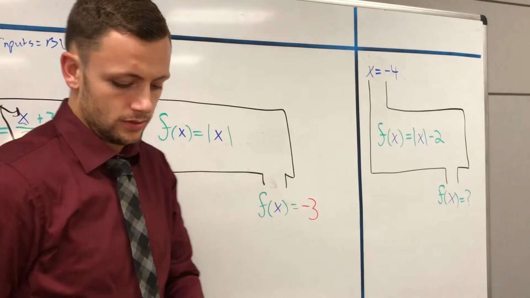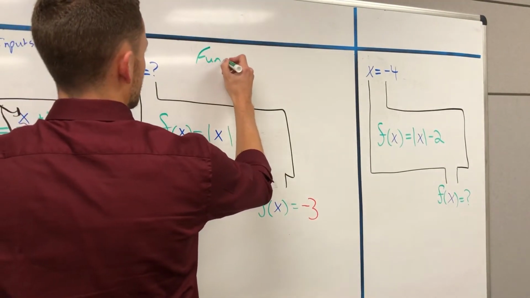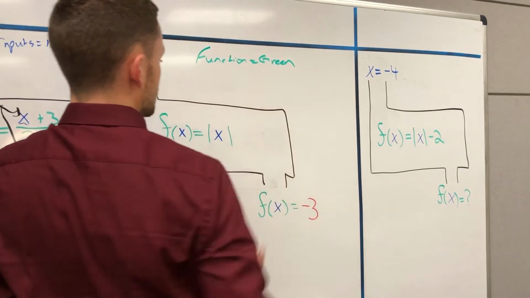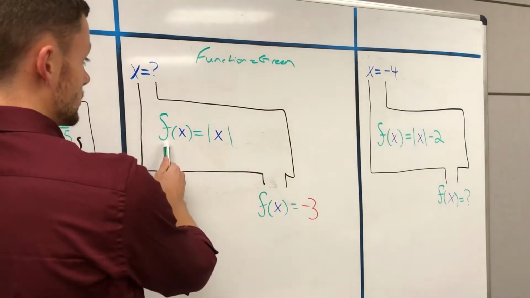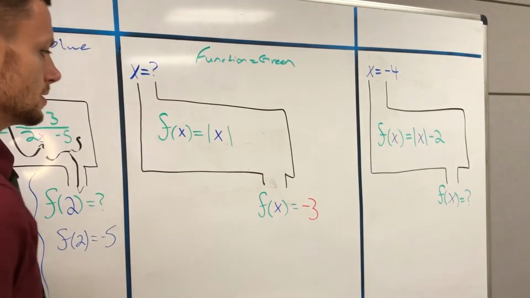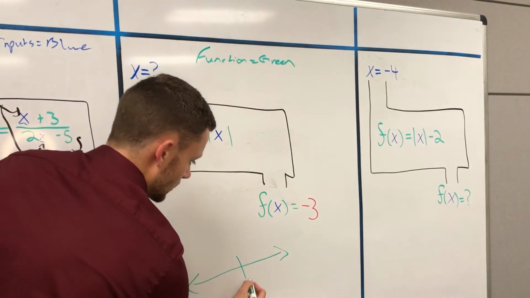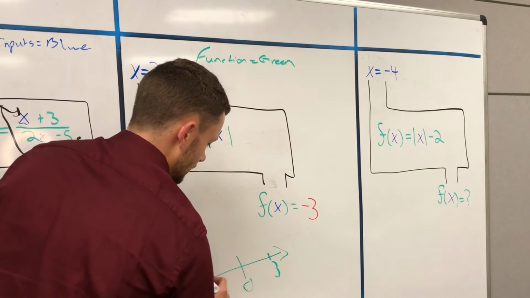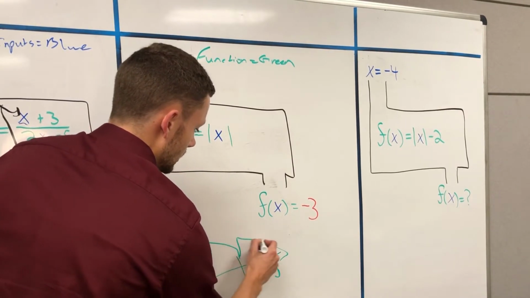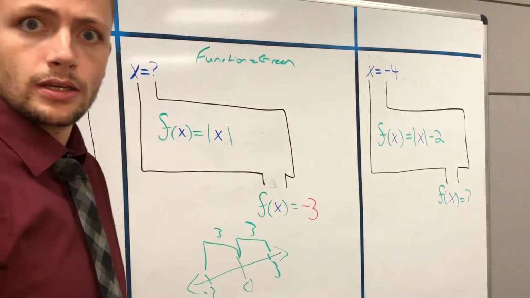But what's our function? Well, our function is green, right? If I take a look at that function, f of x is just the absolute value of x. But the absolute value is just how far I am from 0, right? So if I got a number line, 0, the absolute value of 3 is the same as the absolute value of negative 3 because the distance between the points from 0 is just 3.